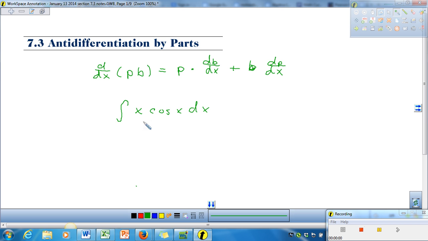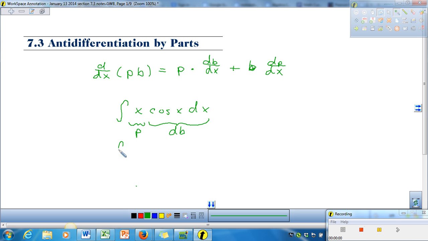And what I want you to realize is I could think of this in terms of p and b as 2 things being multiplied together. I could say that I want to call this x my p function, and this cosine x dx is a differential, it includes dx, so I could call that db.